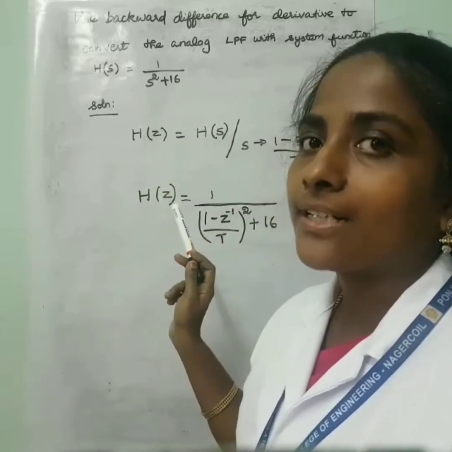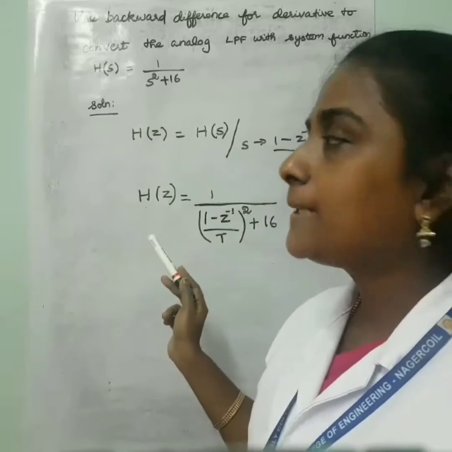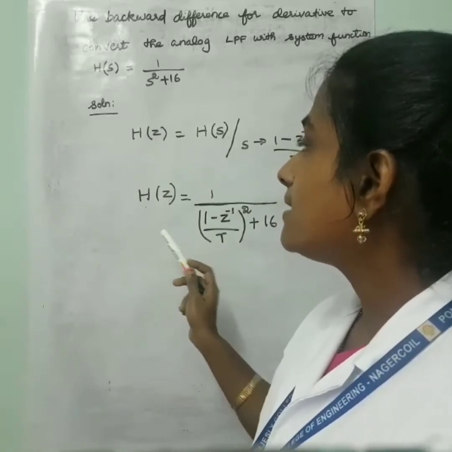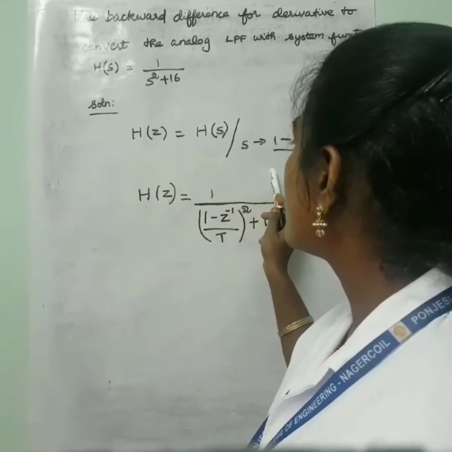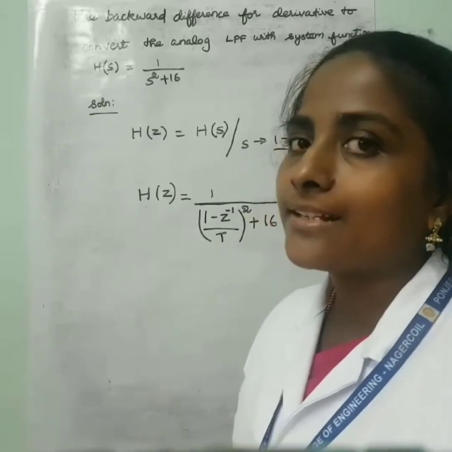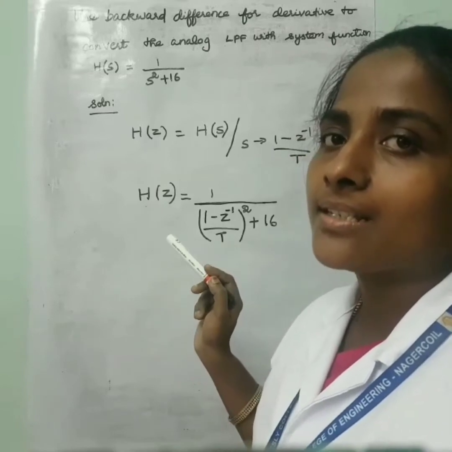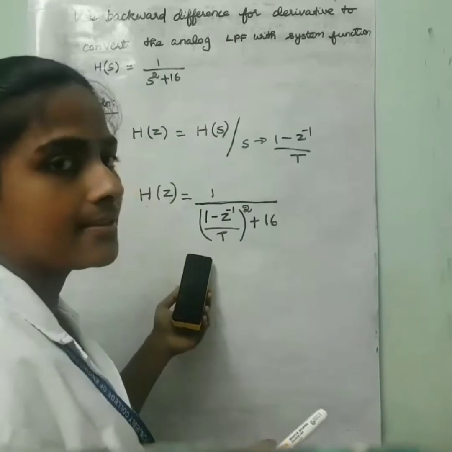The formula to convert is H of z equal to H of s at s tends to 1 minus z inverse divided by T. So in the place of s, substitute 1 minus z inverse divided by T.